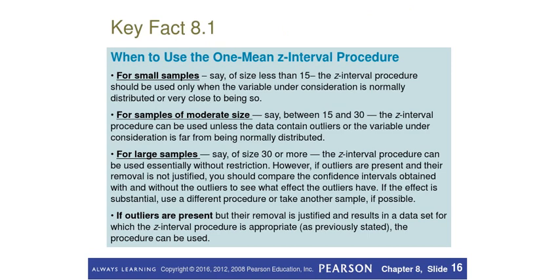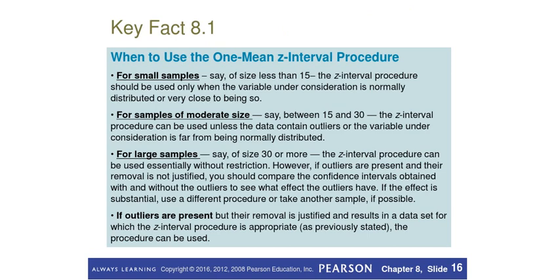That's something we'd have to check, and we'll look at a different procedure to handle that. But if we have a large sample, size 30 or more, the z-interval procedure can be used pretty much without restriction. For larger samples, remember that the distribution ended up getting closer and closer to the normal distribution in Chapter 7. That's what we're relying on here.